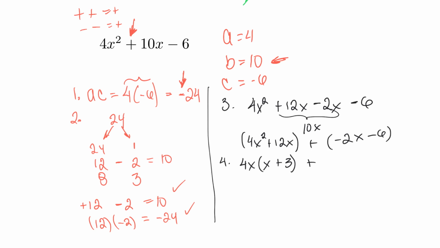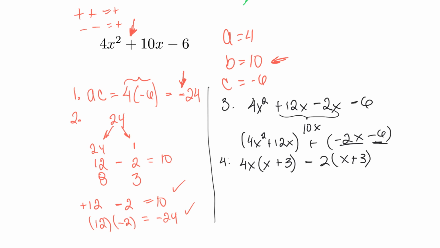On the other side, let's take the minus as a common factor as well, minus 2, right? So then we have x plus 3. How do we check this? Minus 2 times x is minus 2x, and minus 2 times 3 is minus 6. So we are good to go in here.